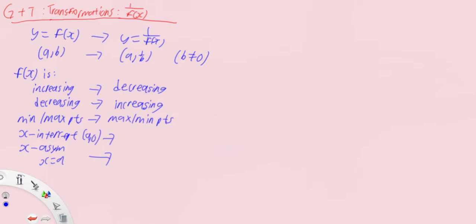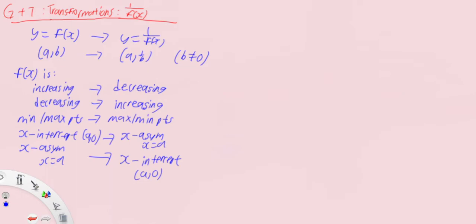Similarly, if we have a point that's undefined at a particular x value, that x value will become our x-asymptote, which is now x equals a. Conversely, if we start off with an x-asymptote at x equals a, that means our graph was 1 over 0, in quotation marks. Now we have the reciprocal, 1 over 0. This then gives us 0. As such, we now have an x-intercept because our y value is now 0. So that was what happened to our x-asymptote.